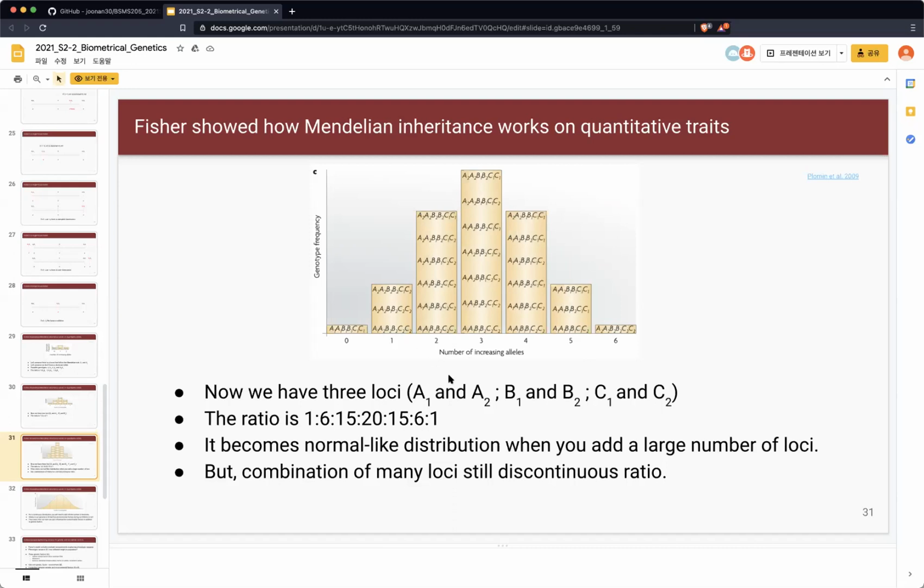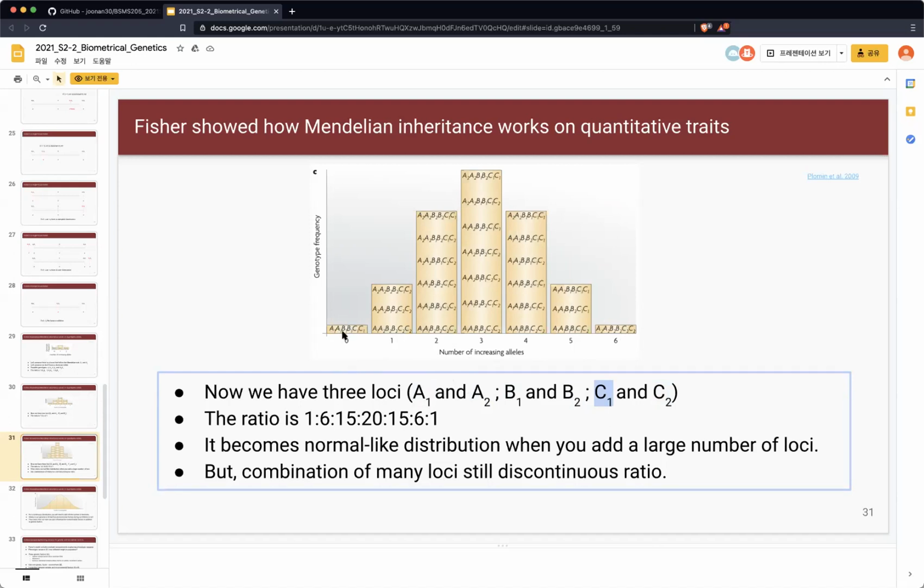So let's say you think about height, and if you have the combination A2, B2, and C2, you will be here, and you're going to have, like, a 200 centimeter height, right? But if you have A1, B1, and C1, then you have a 140 centimeter height, right?